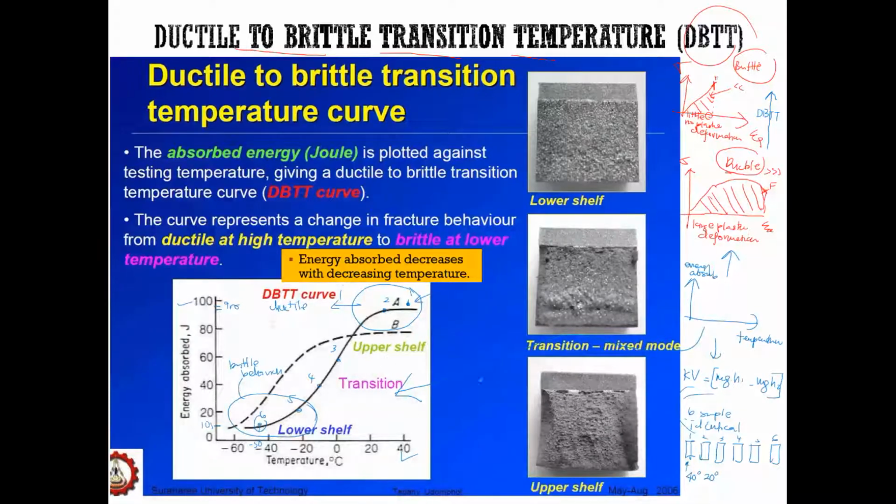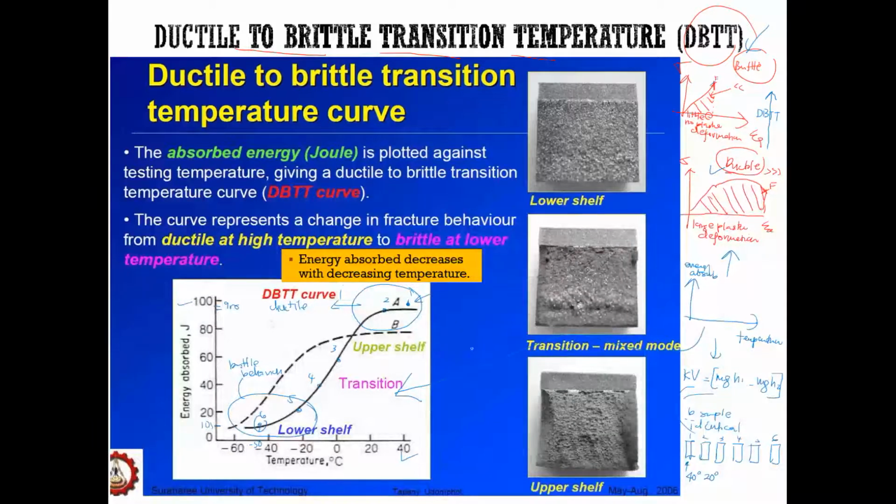Because if we go back to the stress strain curve, for brittle material the energy absorbed, which is the area under the graph, is much lower, especially at low temperature. If it's ductile material, the energy absorbed is quite large, much larger than brittle material.